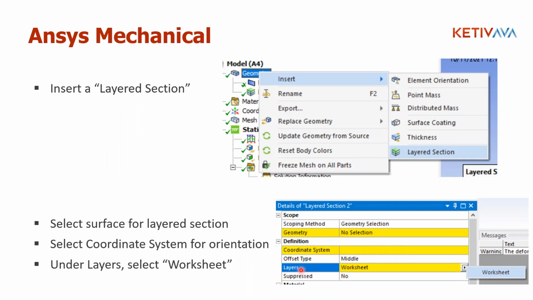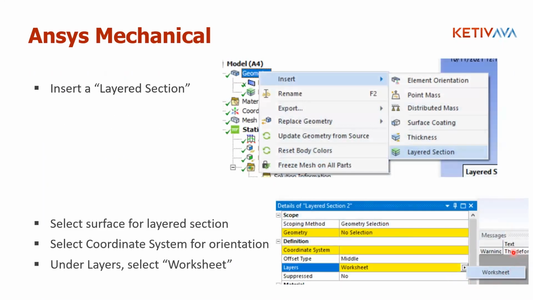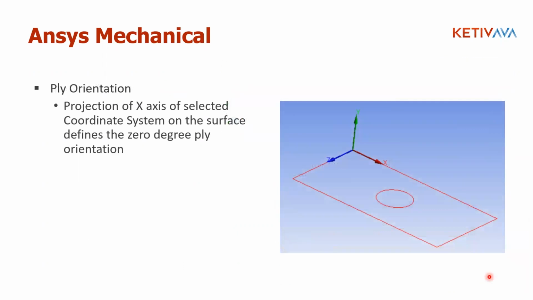Okay, and then you need to define layers. So to define the layers, you just select the worksheet option. Okay, and then when you select the worksheet option, you define each layer: the thickness, the material, and the orientation. So here is what I was talking about, the local coordinate system.